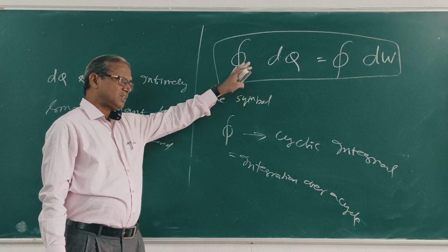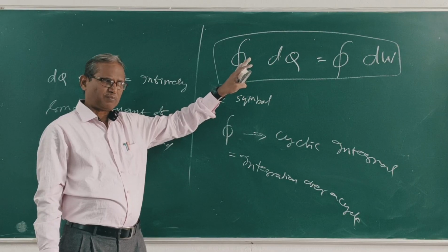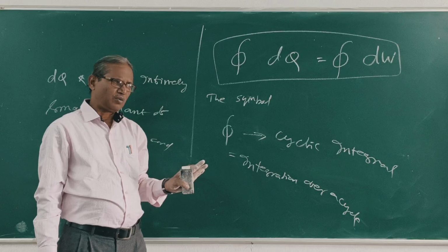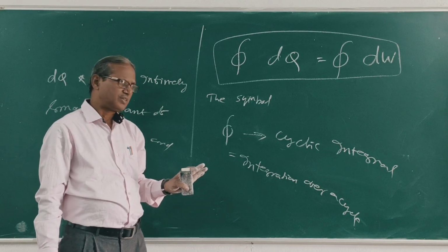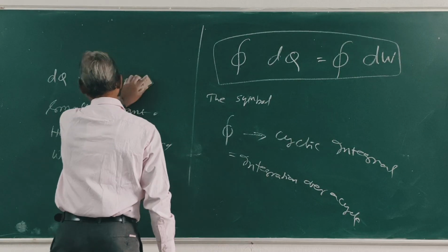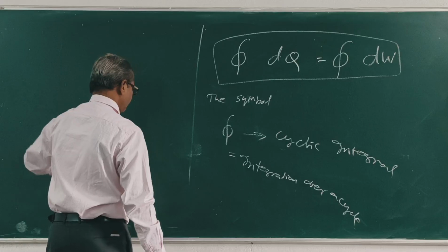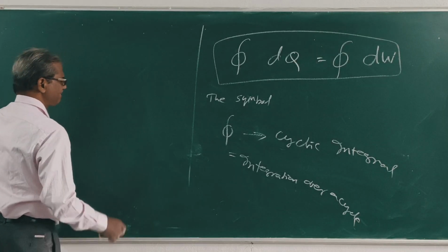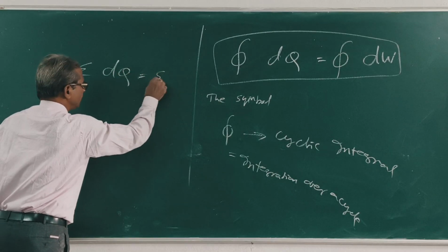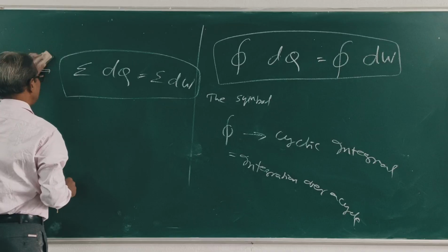This means total heat transfer is equal to total work transfer. For a cyclic process, the change in internal energy is 0. That is, dU is equal to 0. Clear? So this implies summation of dQ is equal to summation of dW. Right?